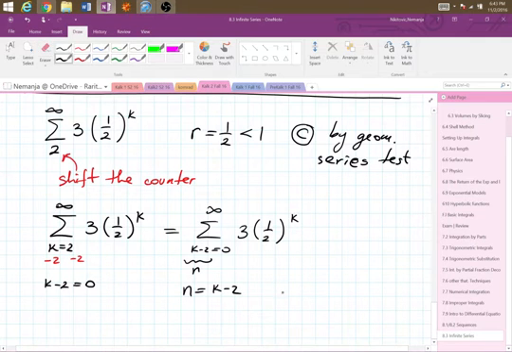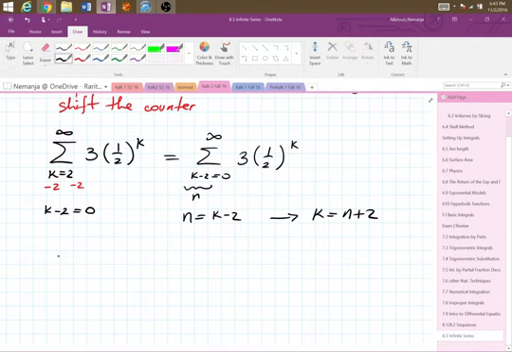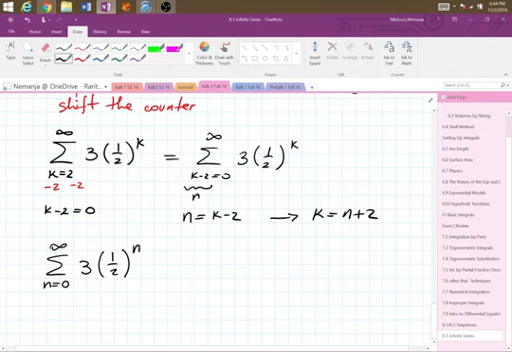So now from here, I know that k is equal to n plus 2. So now, the sum from n equals 0 to infinity of 3 times 1/2 to the n plus 2. Awesome. We were successful in shifting the counter from 2 to 0.